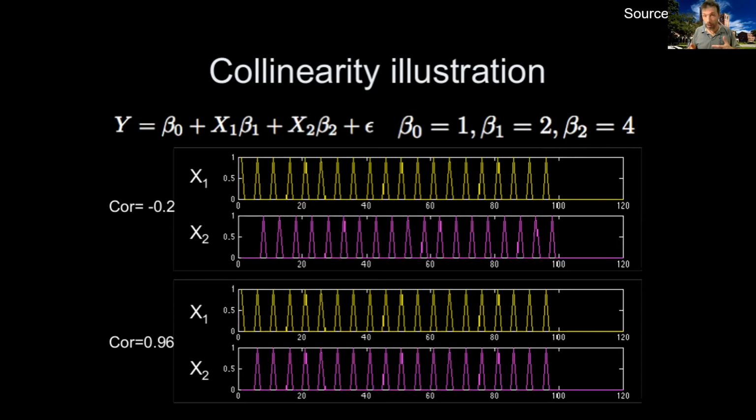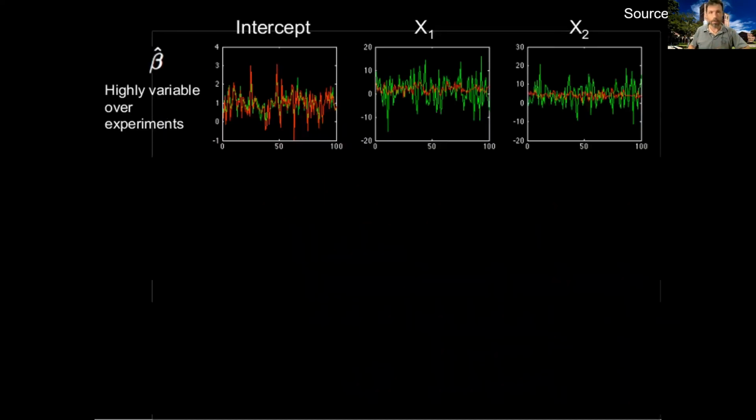Then we will add noise, and we will see how well we can recover beta 1 and beta 2 from, let's say, 100 regressions. And that's what you're seeing here. On the x-axis, you're seeing the value at each of these 100 regressions for the intercept, so beta 0, or alpha, you might know it as alpha.